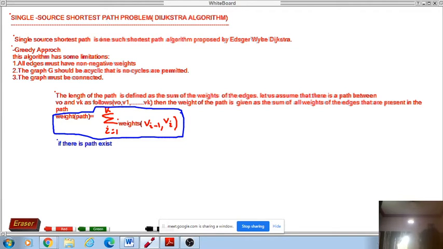If the path exists between the vertices, then weights are given.